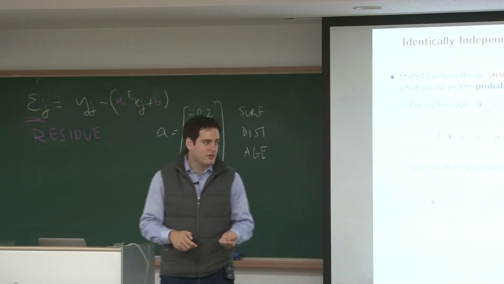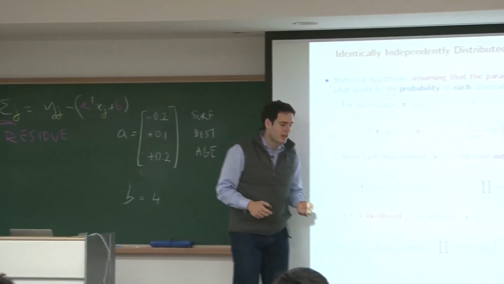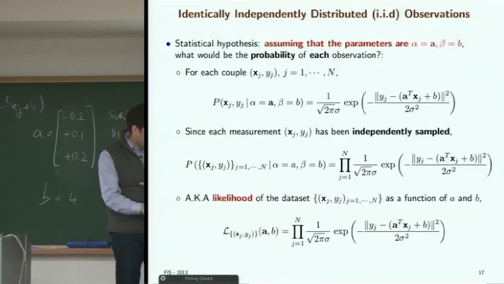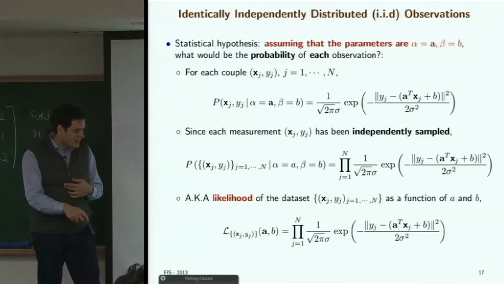And so the probability of the sample under these assumptions here is ridiculously small. Okay? So this is the intuition that drives the likelihood. The likelihood of the data set as a function of A and B is exactly this probability.